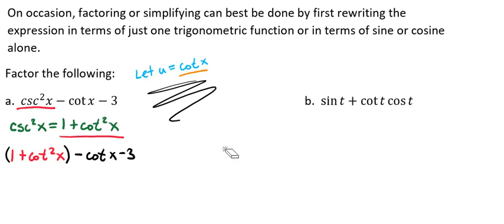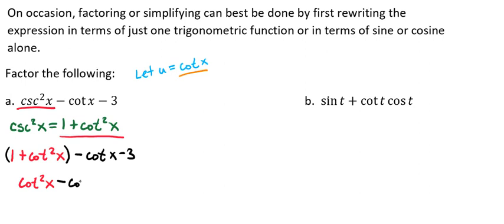So now if we're going to let u equal cotangent, then what we have is a lot simpler. We have the cotangent squared of x minus the cotangent of x, and then we take our 1 minus 3, and that's going to give us a minus 2 right there.